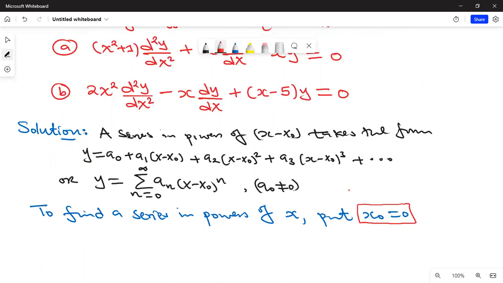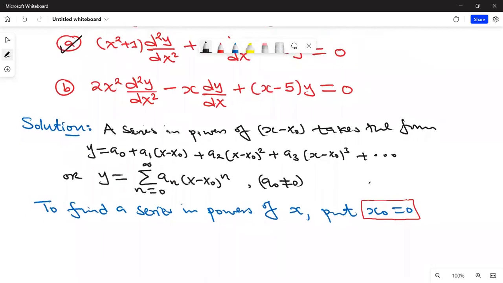Let's see how to solve it. We start with part A. Even before you solve it, you need to know whether this value of x naught is a singular point or an ordinary point.